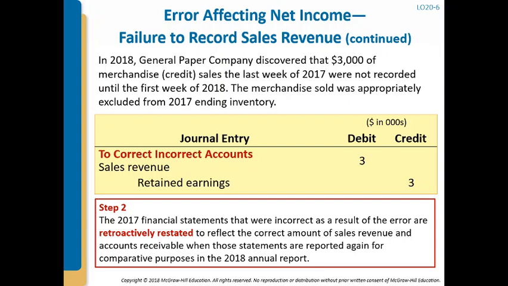So they'd be lower, well, actually higher by $3,000. And of course, accounts receivable would be higher by $3,000.